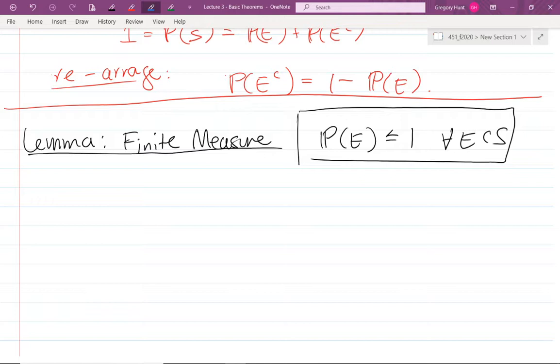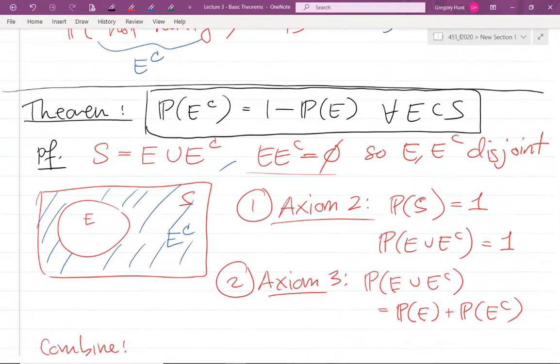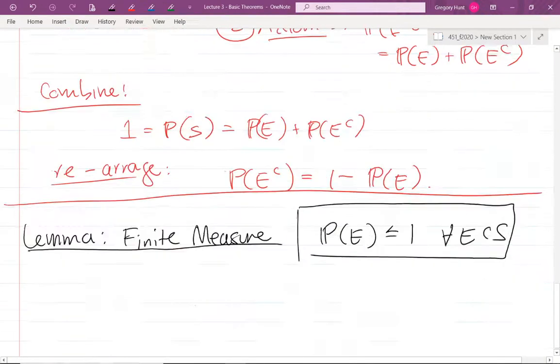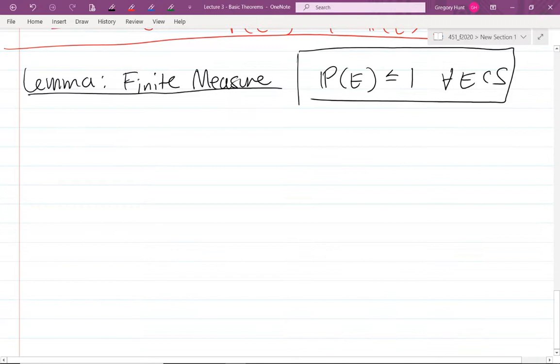So this is a cute little lemma that basically uses this previous theorem. And the lemma goes like this. The probability of E complement is 1 minus the probability of E. That uses our complementary theorem we just showed.